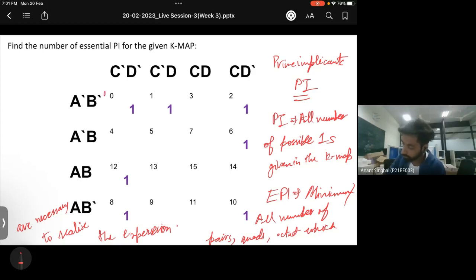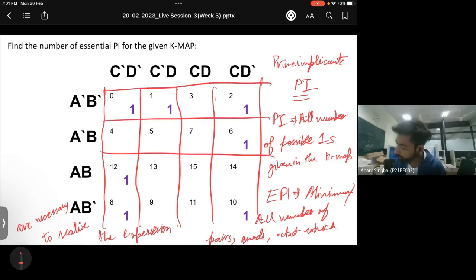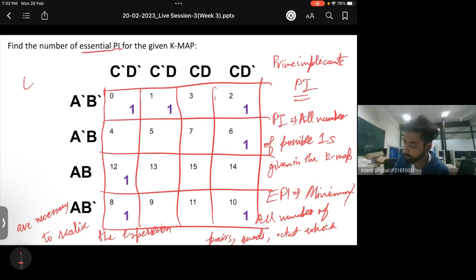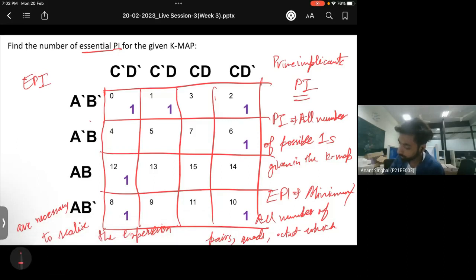So this is a given K-map. I'll make the boundaries. And here we need the total number of essential prime implicants (EPIs). So if I try to solve this and make quads out of it, one will be this, and now these three ones are left.